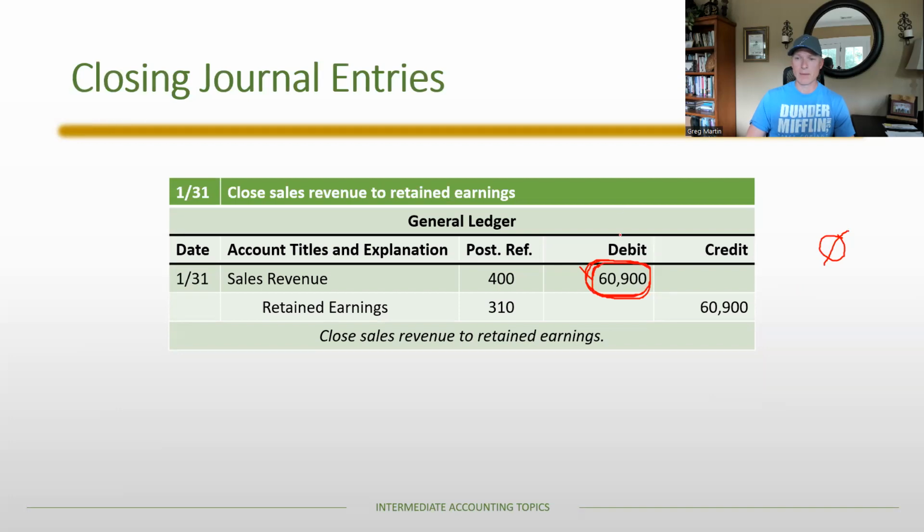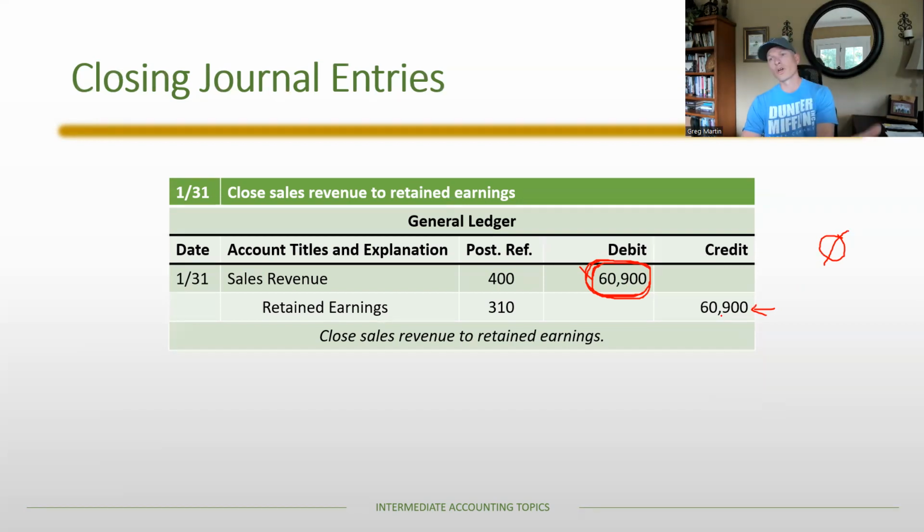And of course, if we're going to debit the account $60,900, the effect on retained earnings must be a credit to offset it. And essentially, we've now increased our retained earnings account. So after this journal entry, we go from a 0 balance in retained earnings to a $60,900 credit balance in retained earnings. And we're going to kind of see the rest of this play out. But importantly, the sales revenue account balance is now 0. And the retained earnings account balance is now a $60,900 credit balance.